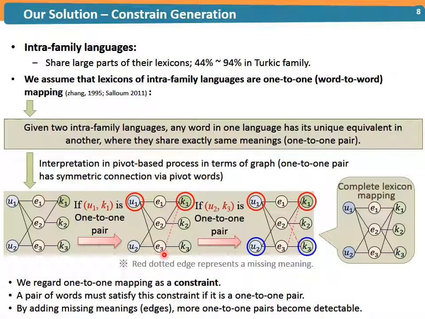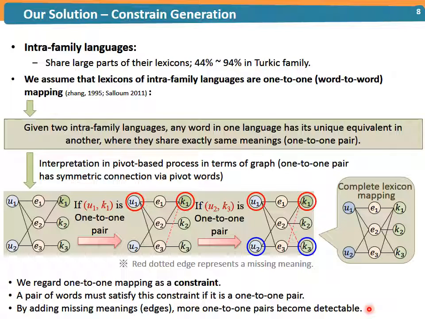In the same way, if U2 and K3 are a one-to-one pair, we can say that another edge between K3 and E2 is possibly missing. So if we assume that the original pivot graph is complete, it should be like this.